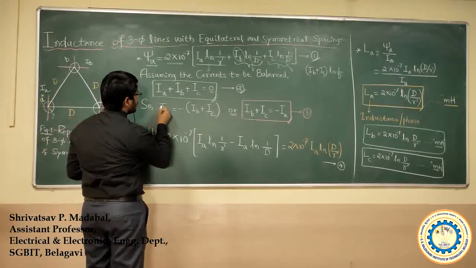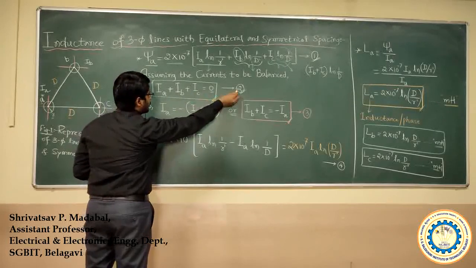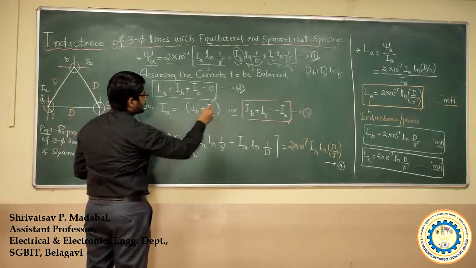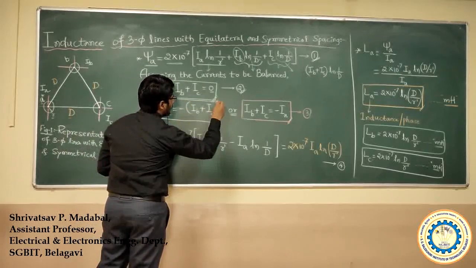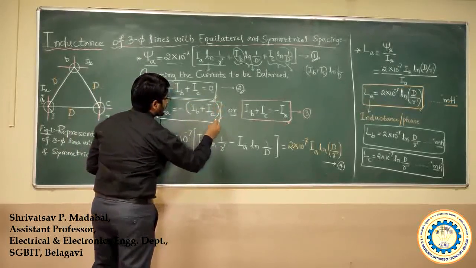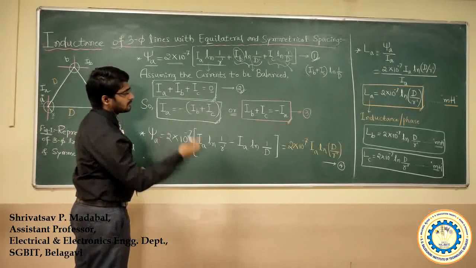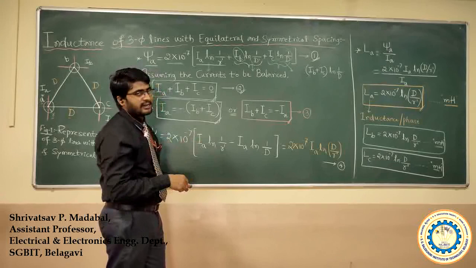Whenever I shift terms to the right hand side of equation 2, I obtain IA equal to minus of IB plus IC. Now I want to substitute the value of IB plus IC in terms of IA.